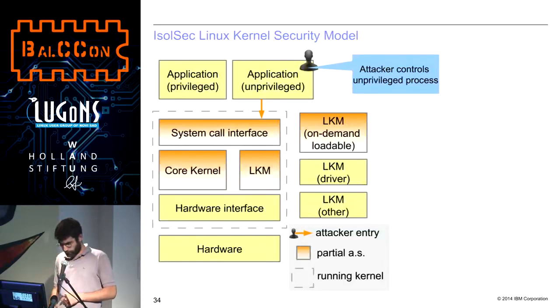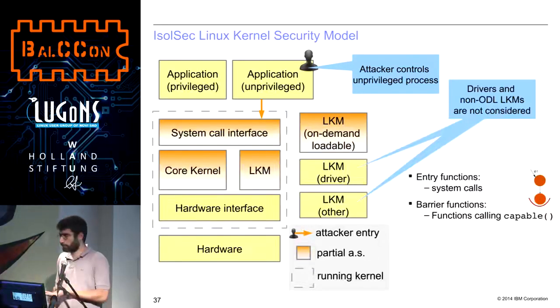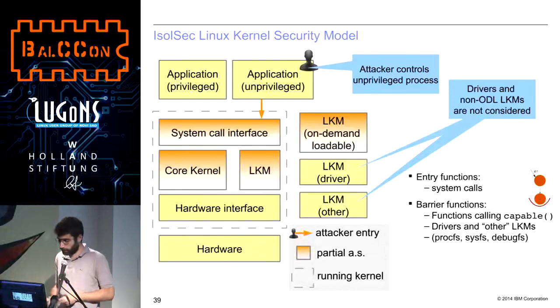So this is the running kernel here. You have the system call interface, the core kernel code, and also loadable kernel modules that have been already loaded into the running kernel. But there are also loadable kernel modules that can be loaded on demand, that are simply drivers, and there are also, of course, other types of loadable kernel modules.